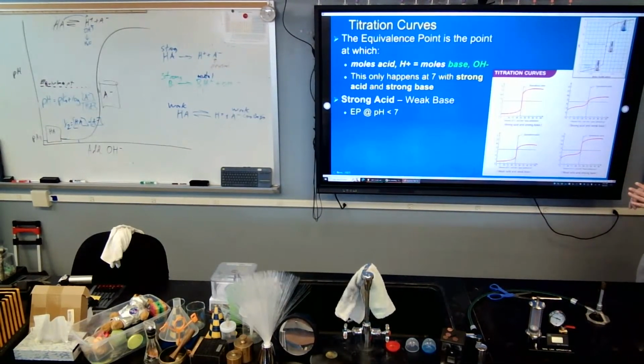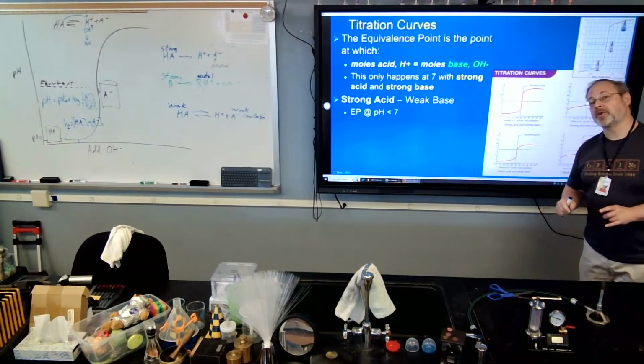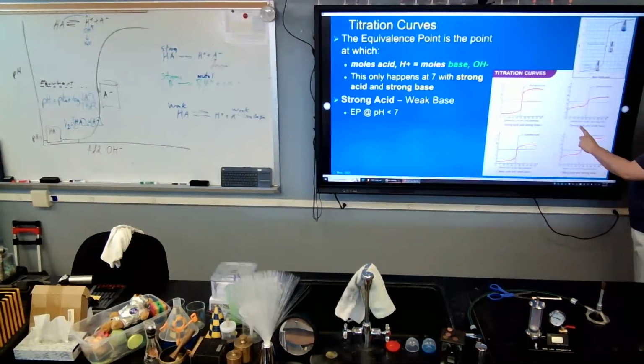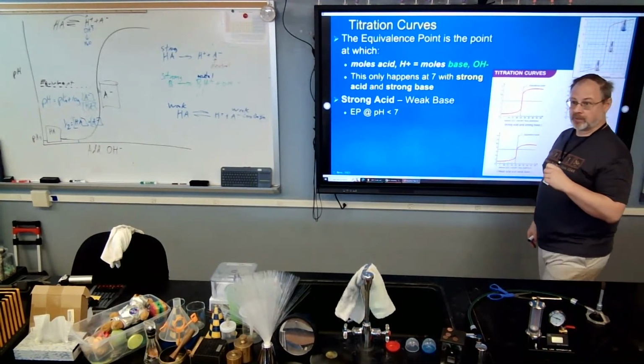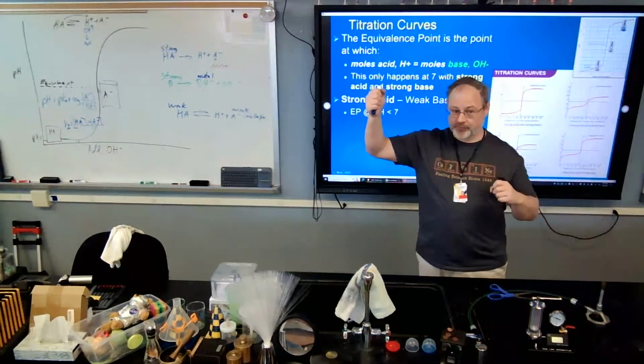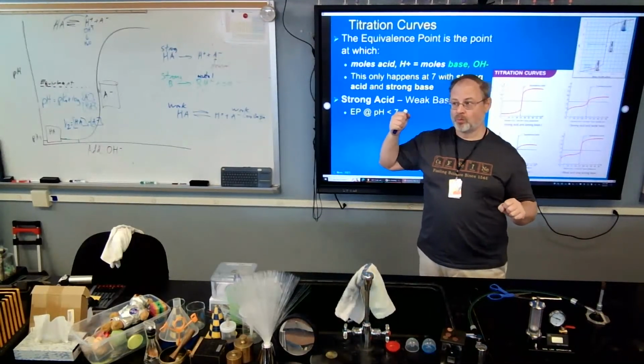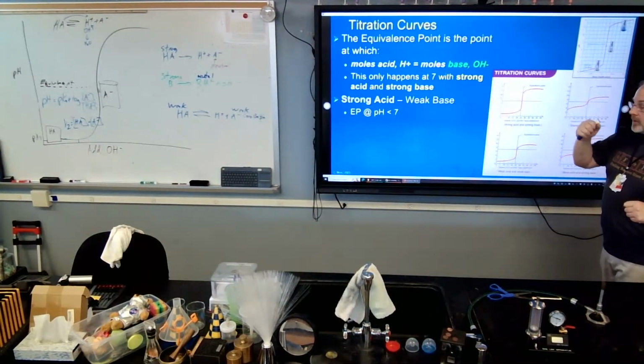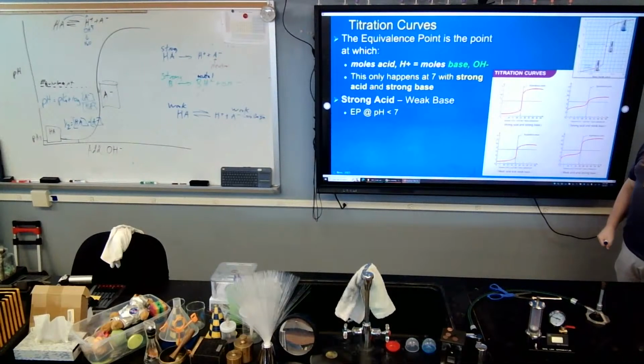So the strong acid leaves behind a negligible base, and the weak base leaves behind a weak acid. So the equivalence point will be acidic because there's an acid left behind. Less than 7.